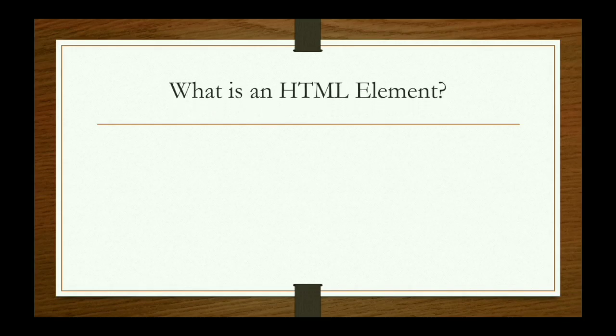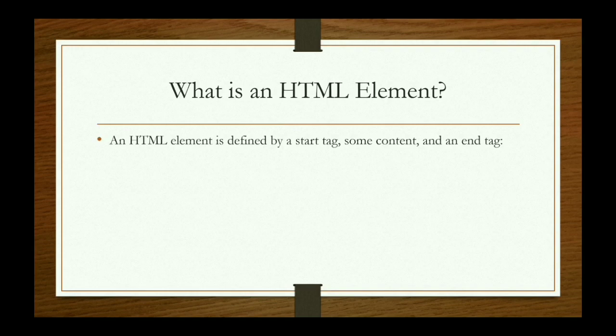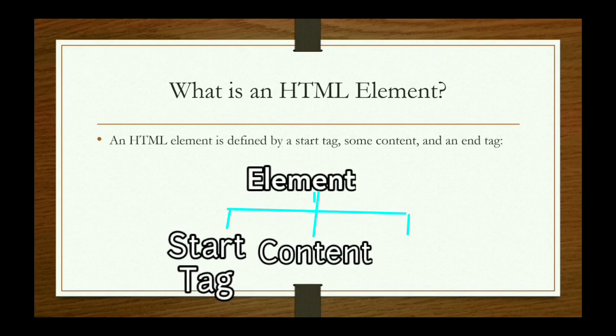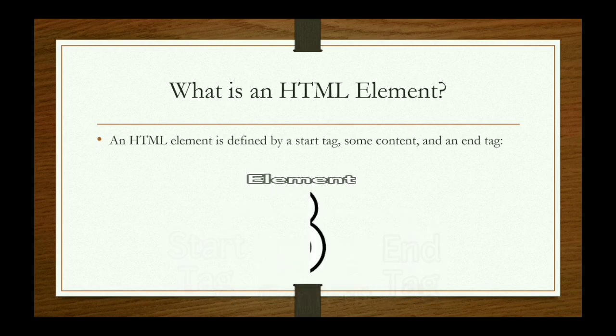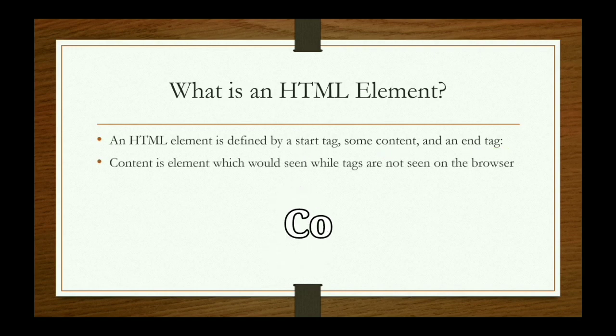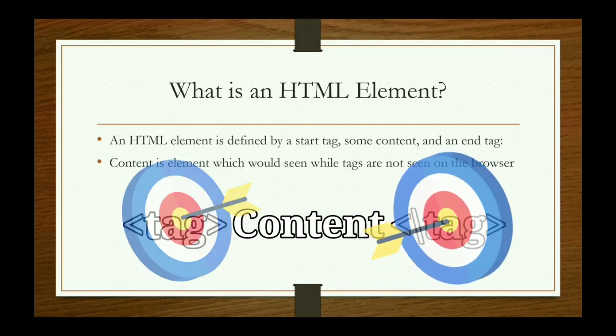What is an HTML element? An HTML element is defined by a start tag, some content and an end tag. Okay, so by this we understand there are three parts: starting tag, ending tag and content. Content is what you will see, while tags are not seen in the browser.